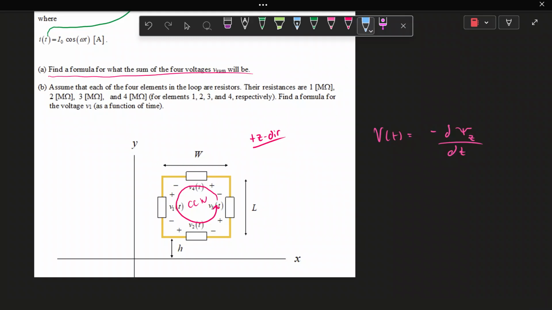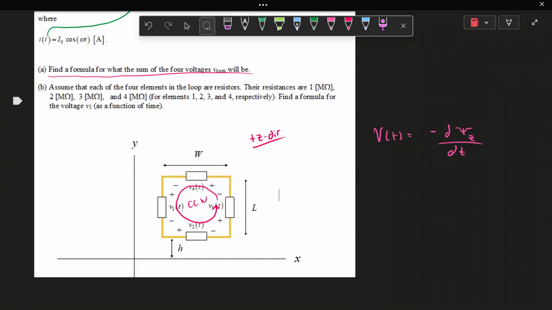Remember how I said polarities will change if you choose clockwise. If you choose clockwise, your fingers will be going clockwise and your thumb will be going into the screen, in the negative z direction. This is what I mean when I say polarities will change.